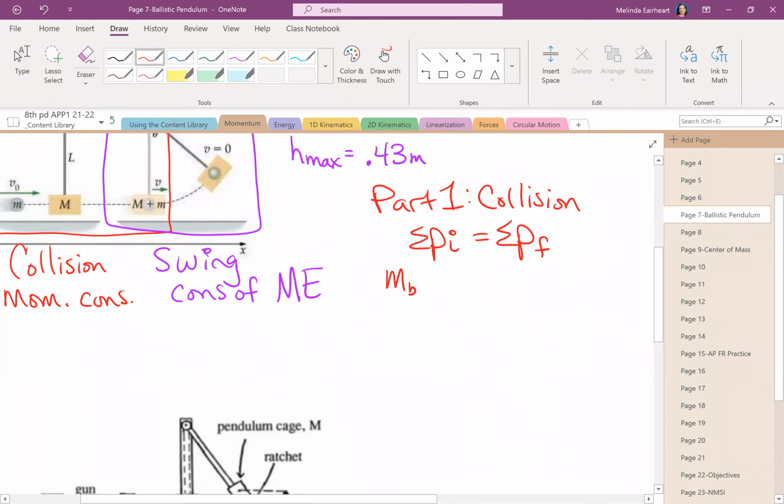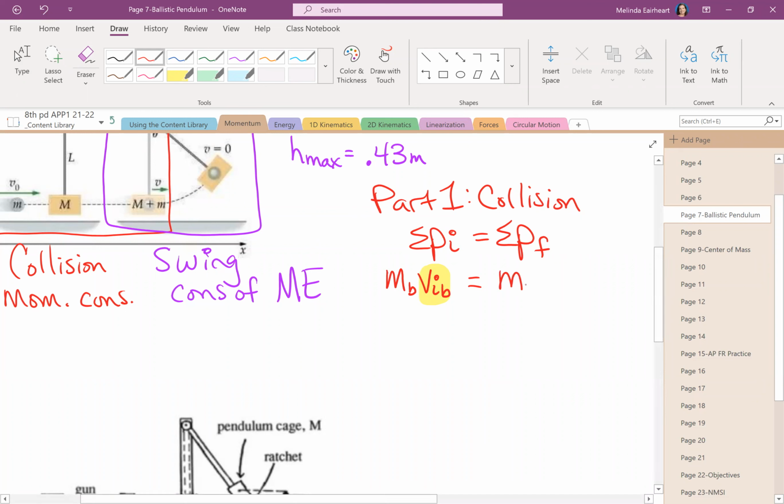And so we've got m_B v_iB, and that's what we're looking for right there. Equals, who has momentum after the collision? Just the wood? No, the string? Not the string. It's both of them.